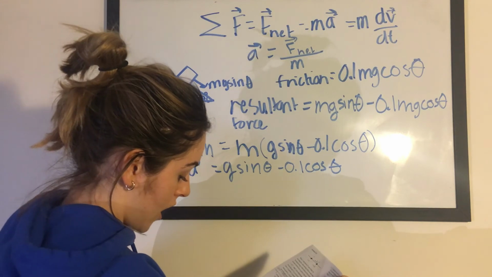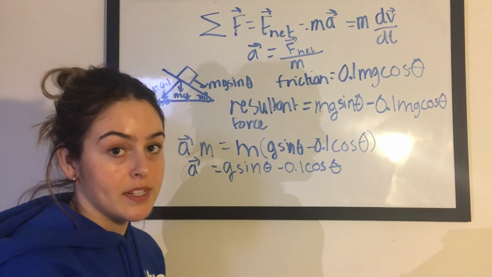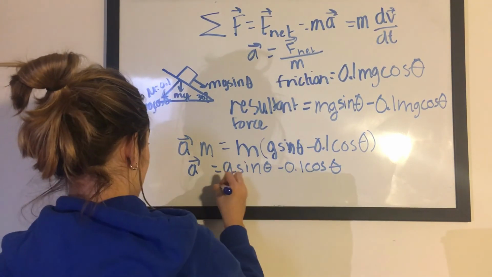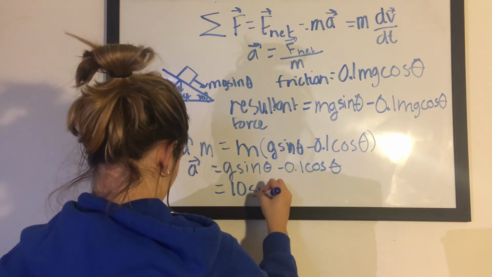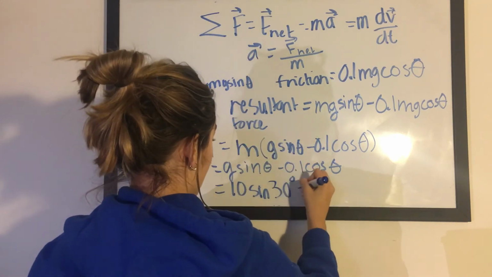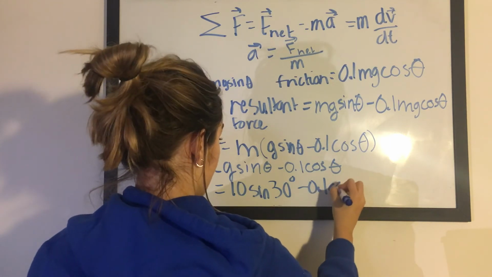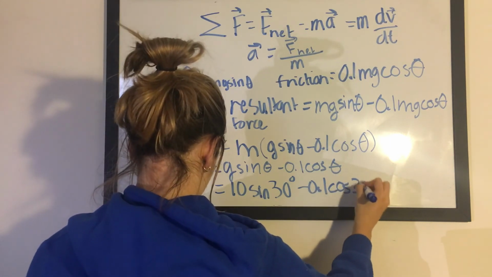Then for g, according to the exam, we can approximate it to 10. So we've got a is equal to 10 sine of 30 degrees minus 0.1 cosine of 30 degrees.